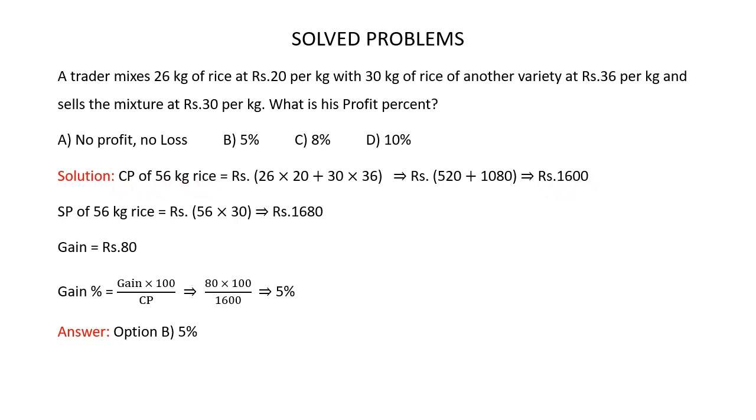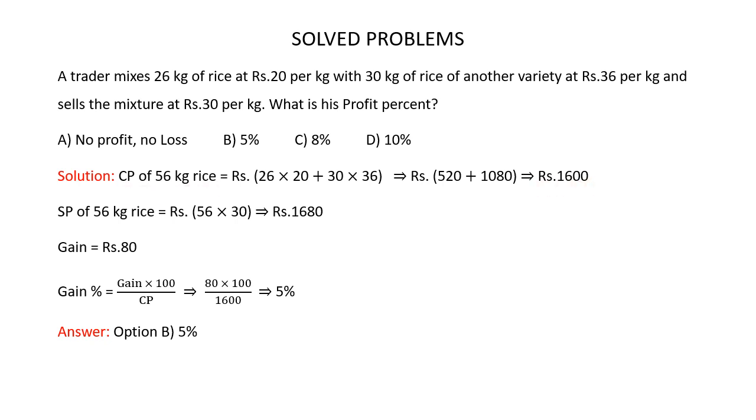So clearly there is a gain because selling price is more. So the gain here is 1680 minus 1600, which is rupees 80. So the gain is rupees 80 and the cost price of the mixture is rupees 1600.